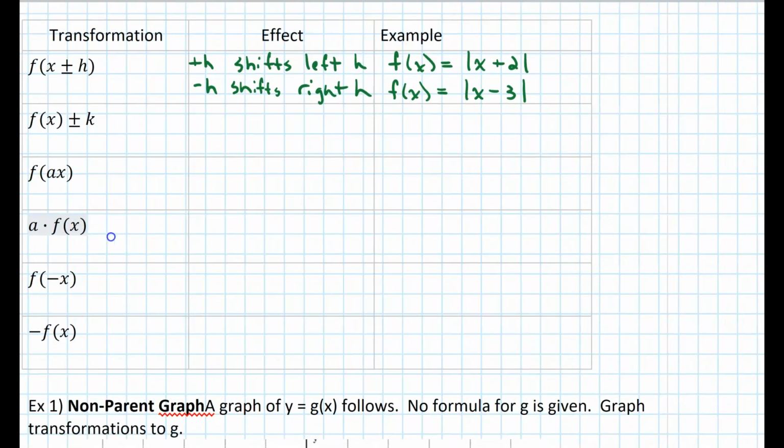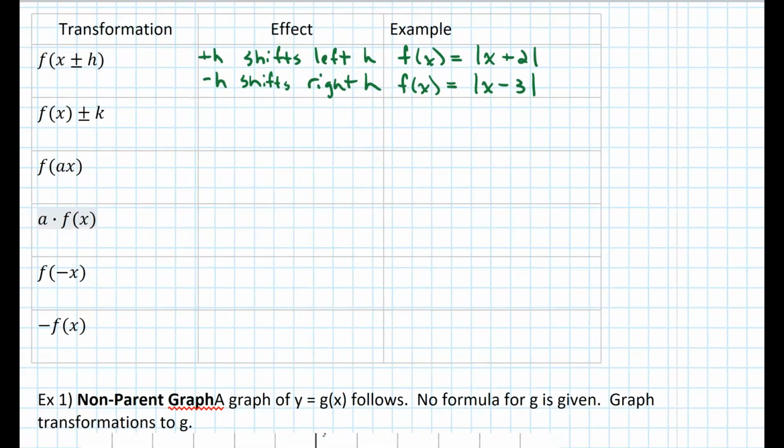Okay, and then I'm just going to make a little note on here. Affects x, y stays the same.